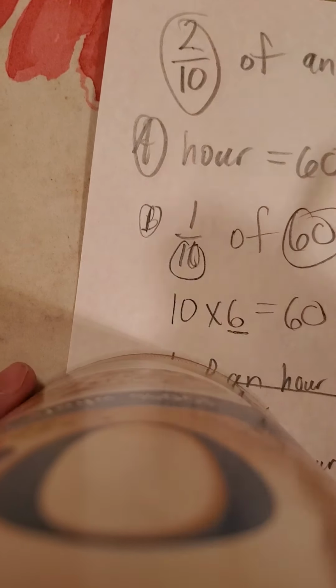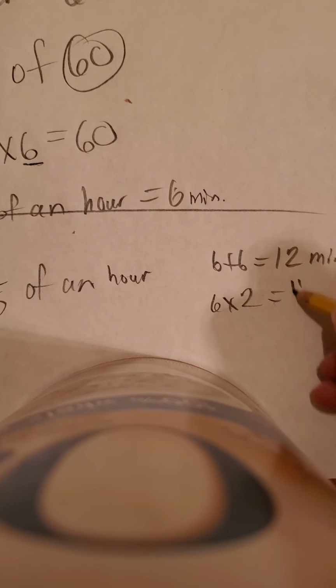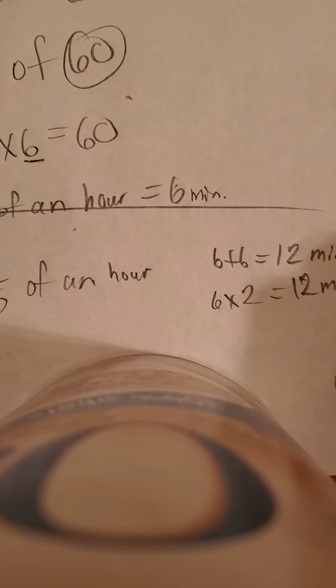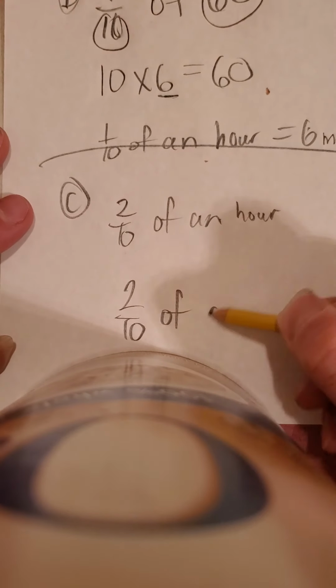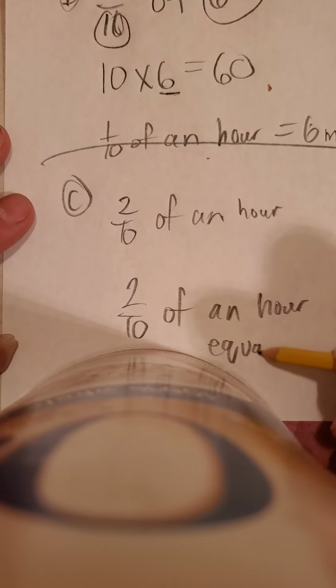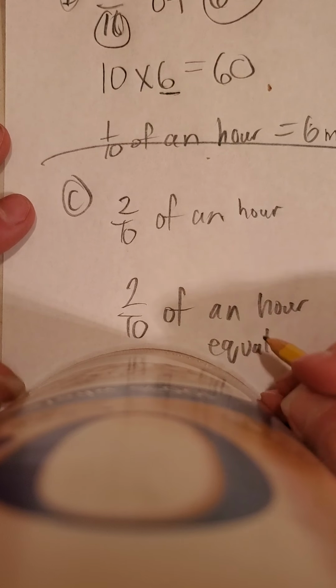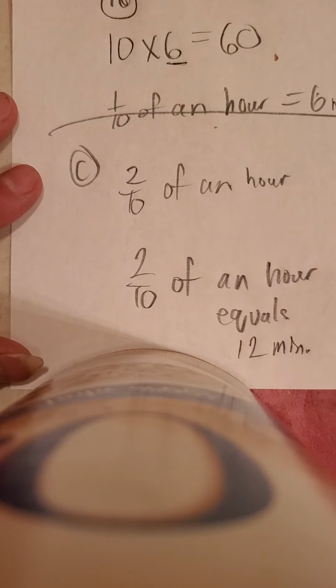That's obvious. You can do 6 times 2 because this is what we have in our fraction over here. 2/10, 6 times 2 equals 12 minutes. So therefore, 2/10 of an hour equals 12 minutes.